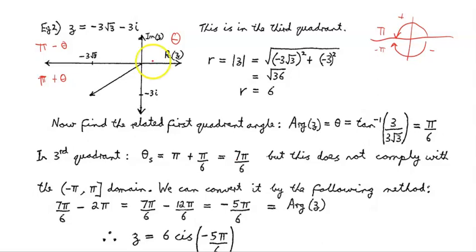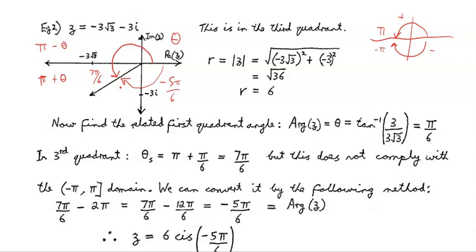So if this one here is 7 pi on 6, then to get to 2 pi, this must be minus 5 pi on 6. I would go a complete revolution all the way around if I had 7 pi on 6 plus 5 pi on 6, which would give me 2 pi. So 7 pi on 6 is the same as minus 5 pi on 6. I can't emphasize that enough, so please be careful with that.